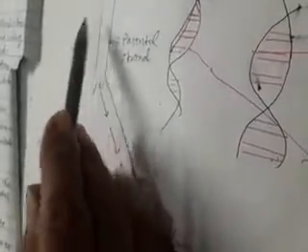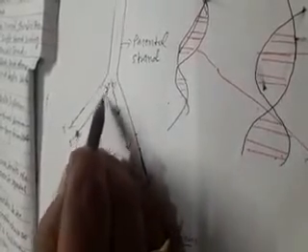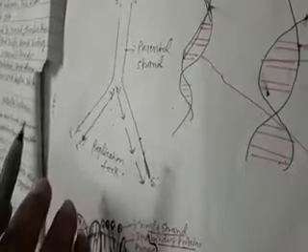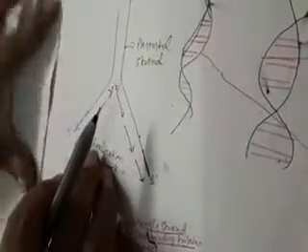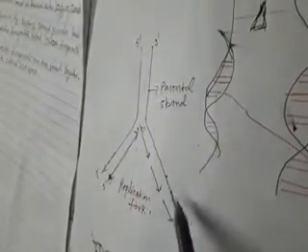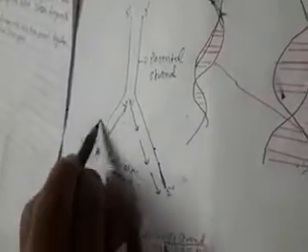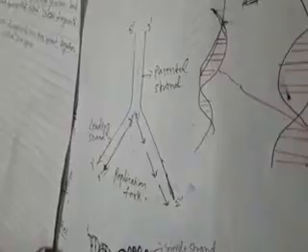Growth of the new strand in 5' to 3' direction is continuous. The replication of the 3' to 5' strand, which is continuous, is called the leading strand. Here you see this is the leading strand.